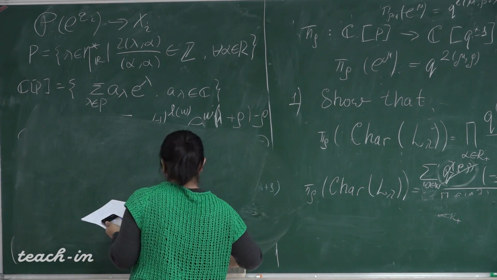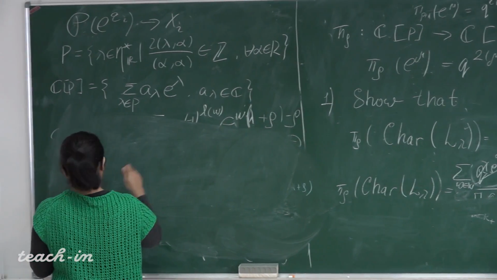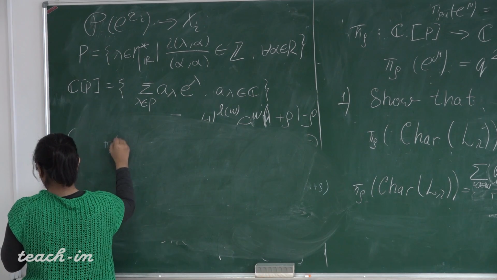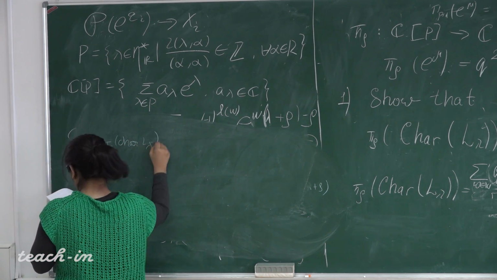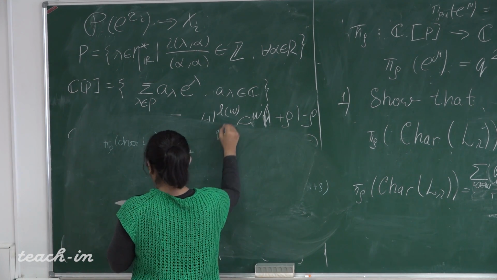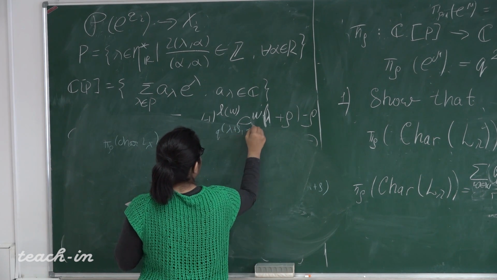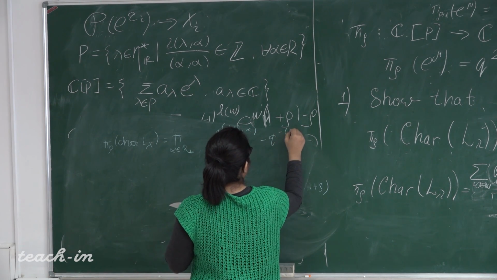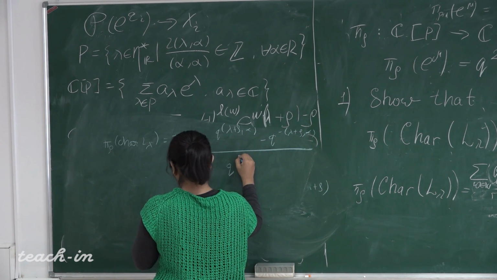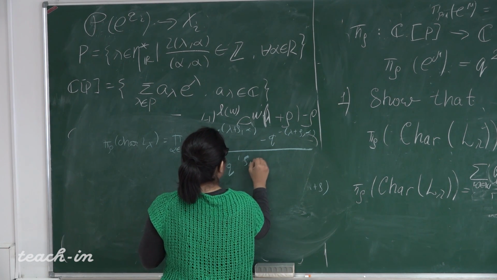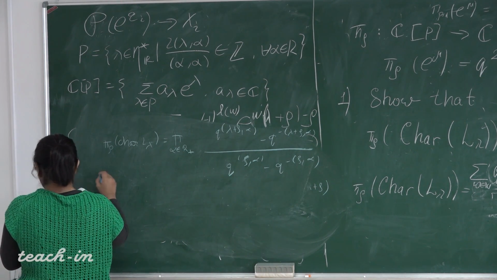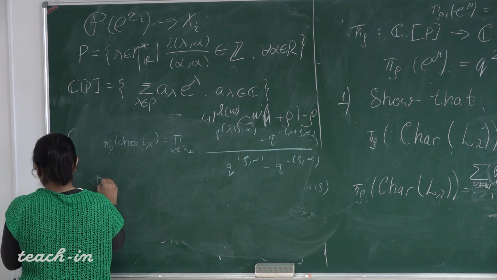So finally we have the formula, let me write it down. And this map that we had is pi rho.